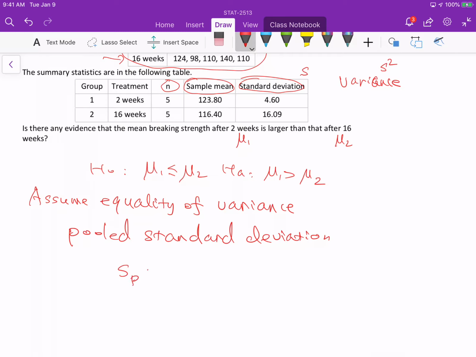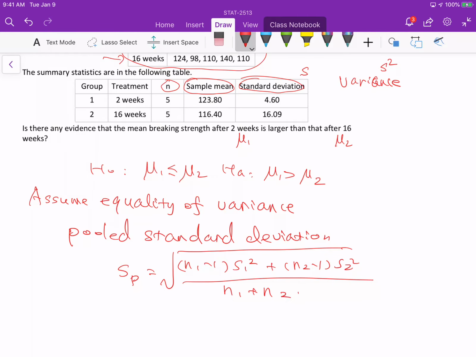According to the formula, this is the square root of n1 minus 1 times s1 squared plus n2 minus 1 times s2 squared, over n1 plus n2 minus 2.